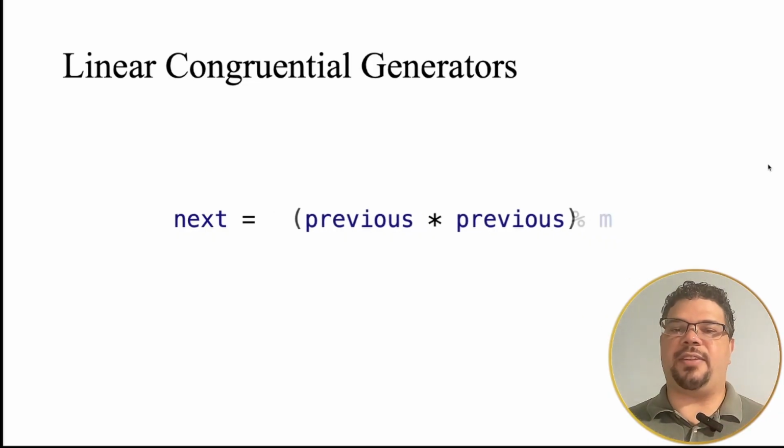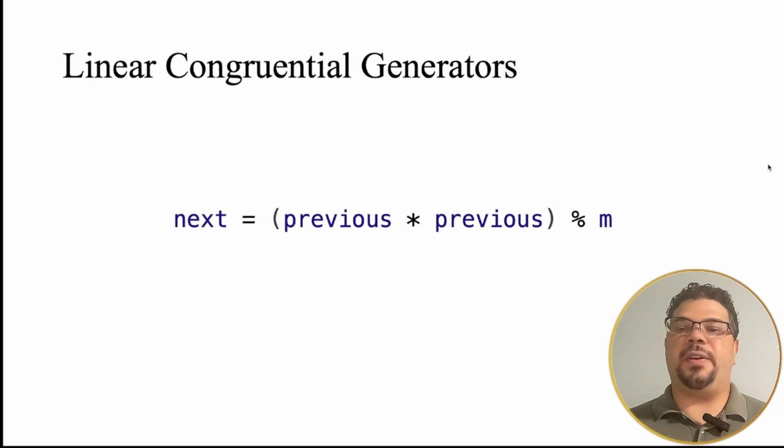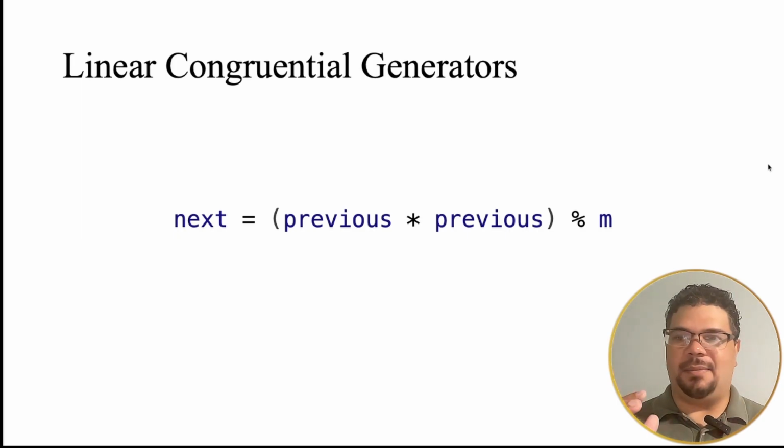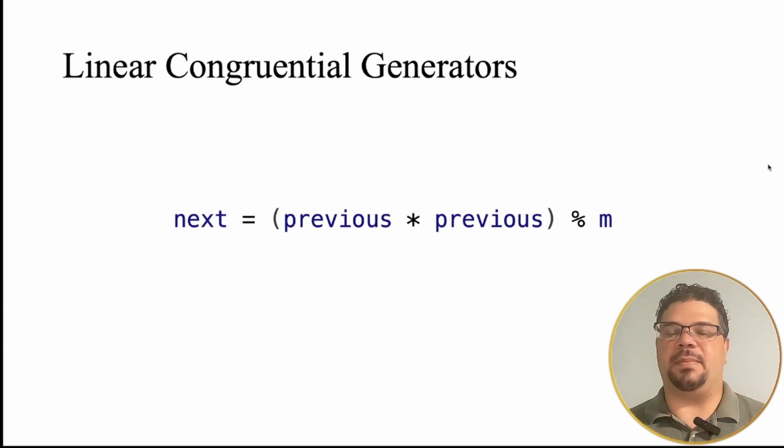Well, instead of pulling out the middle few digits, a different way of making sure the numbers are a fixed size is by taking the last few digits. And you can do this by dividing the number by, let's say, 1,000, and taking the remainder after you divide by 1,000, that'll be the last 3 digits. And more generally, this is called the modulus operator, where you divide by some number m and take the remainder. And we're going to indicate this with the % sign m.